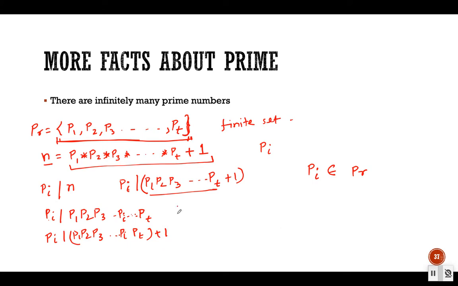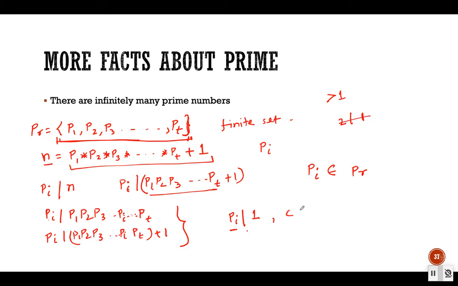So what does that tell us? pi also divides 1. This is only possible if pi divides 1. But that's a contradiction, right? The definition of a prime number means it's an integer that is not 1, so obviously it's greater than 1, and any such integer cannot divide the value 1.